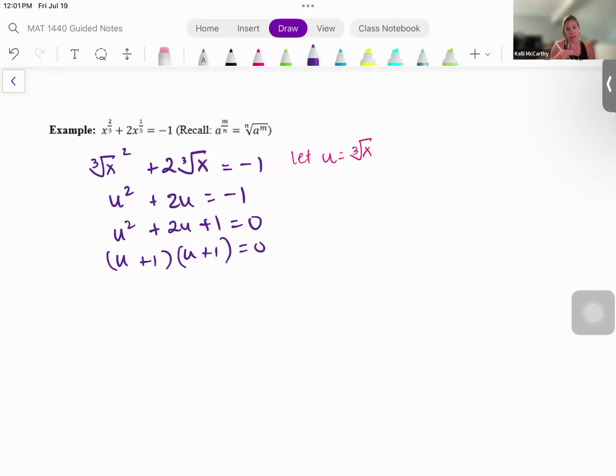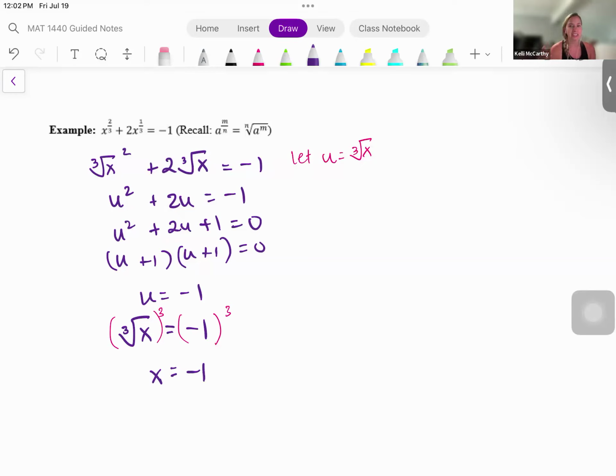Since both of these factors are the same, we don't need to solve both of them. We can see that U is equal to -1. And we're back substituting: U is equal to the cube root of x equals -1. To undo the cube root of x, we're going to cube both sides. We get x is equal to -1.